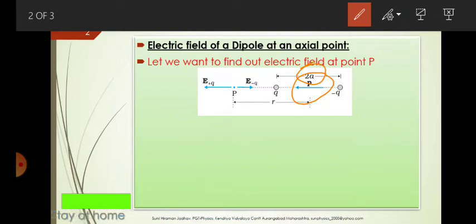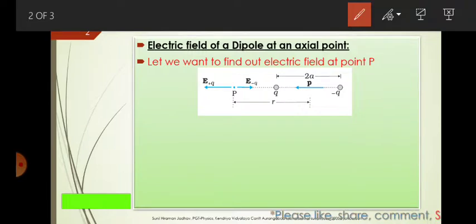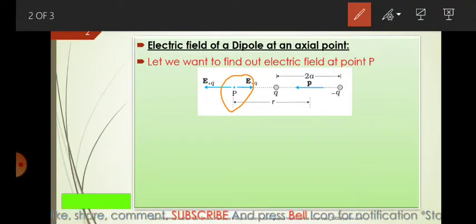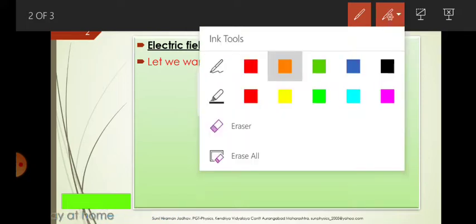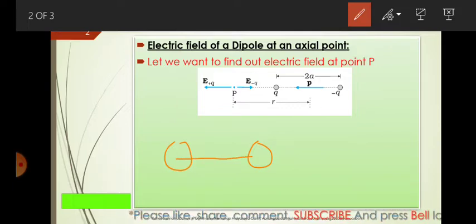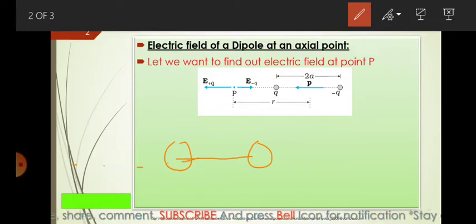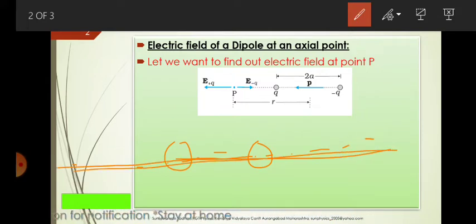Now see what we have to do here. We have to find the electric field at an axial point. Let us say we want to find the electric field at point P. This P is called the axial point. Now what is the meaning of axial point? If I take this as a dipole, and this is the axis of the dipole, then any point on this line will be called an axial point.